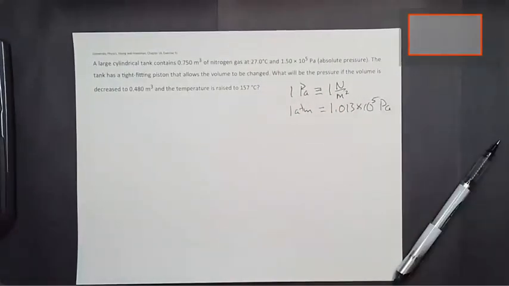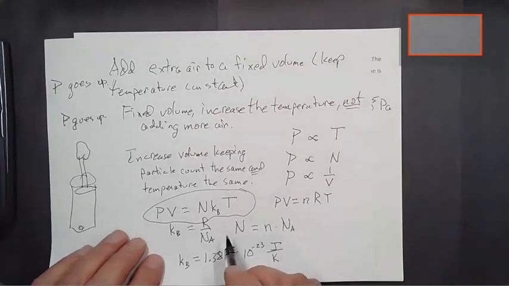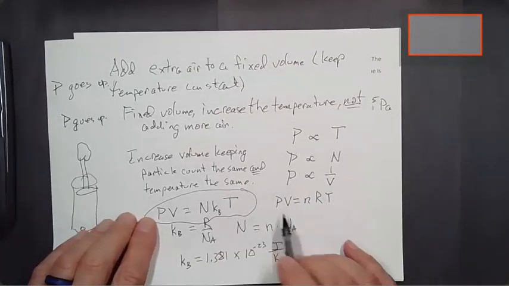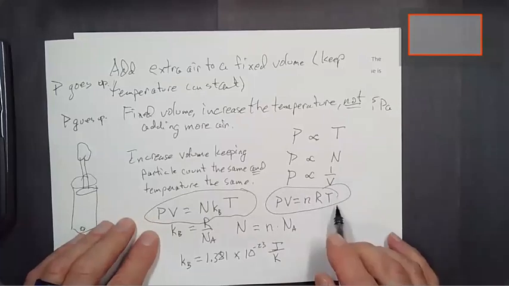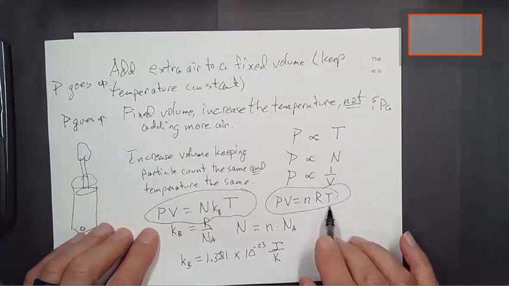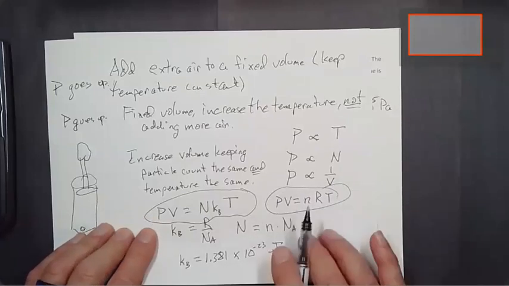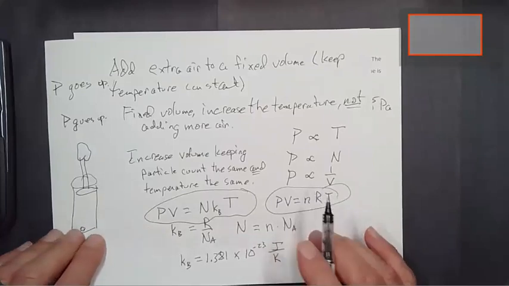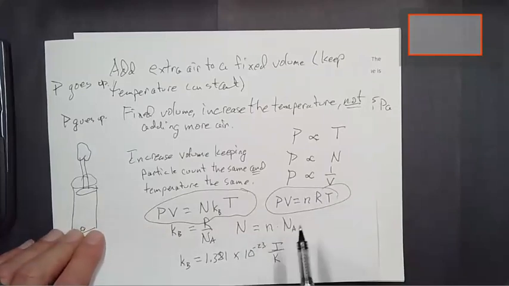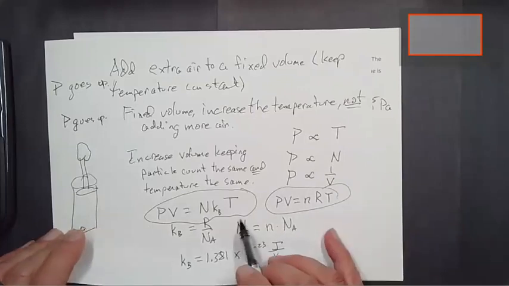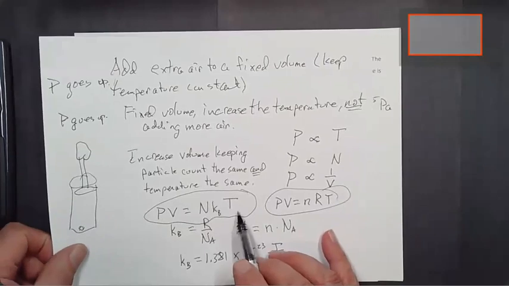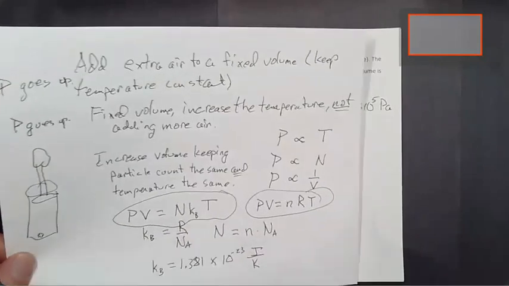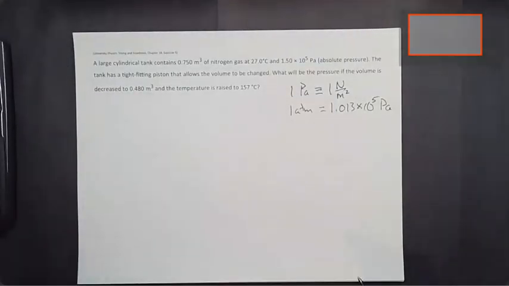Either version of the ideal gas law, either this one or the chemistry one, depends on using the temperature in Kelvin, so we have to be a bit careful with that. Sometimes, if you're talking about a temperature change, you can use either Kelvin or Celsius, but we should get in the habit of using Kelvin as quickly as possible.